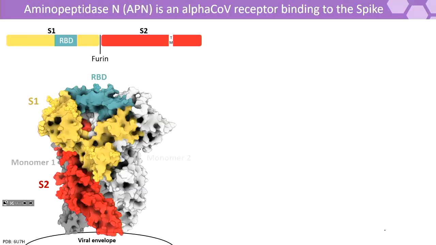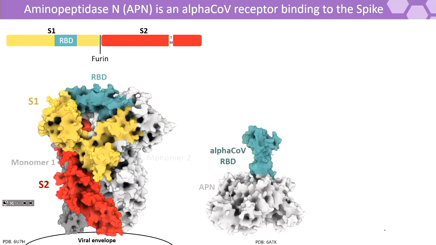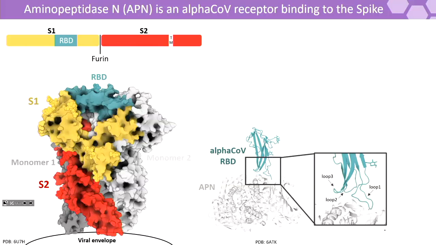In the case of most alphacoronaviruses, this receptor binding domain contacts the receptor, which is the aminopeptidase N, and this is how it looks. If we look in more detail, the RBD of alphacoronaviruses interacts with the APN through 3 different loops.